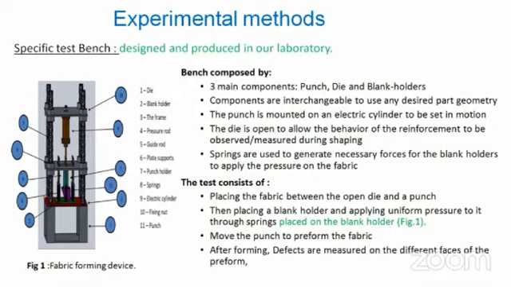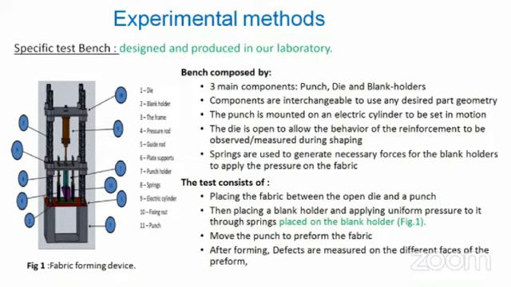The test consists of placing the fabric between the open die and the punch, then placing a blank holder on it, applying uniform pressure through springs placed on the blank holder. In figure 1, the punch moves to perform the forming, and defects are measured in the different phases of the preform.